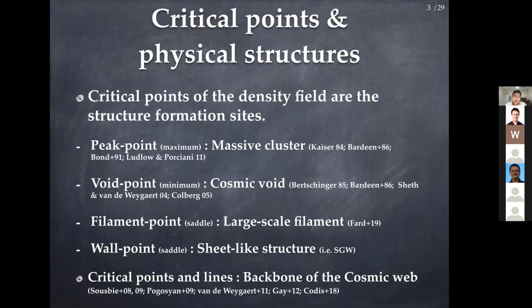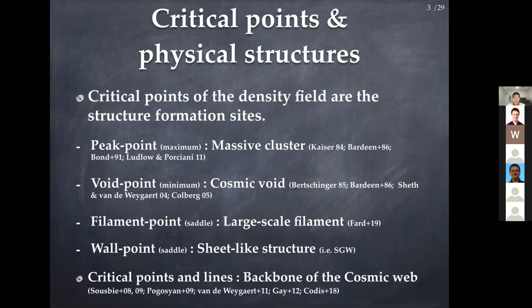For example, massive clusters are known to form at the high enough peaks of the initial density field, whereas cosmic voids will form at the low enough troughs in the density field. Likewise, large-scale filaments or sheet structures like the Sloan Great Wall will probably be anchored to the filament-type or wall-type saddle points.